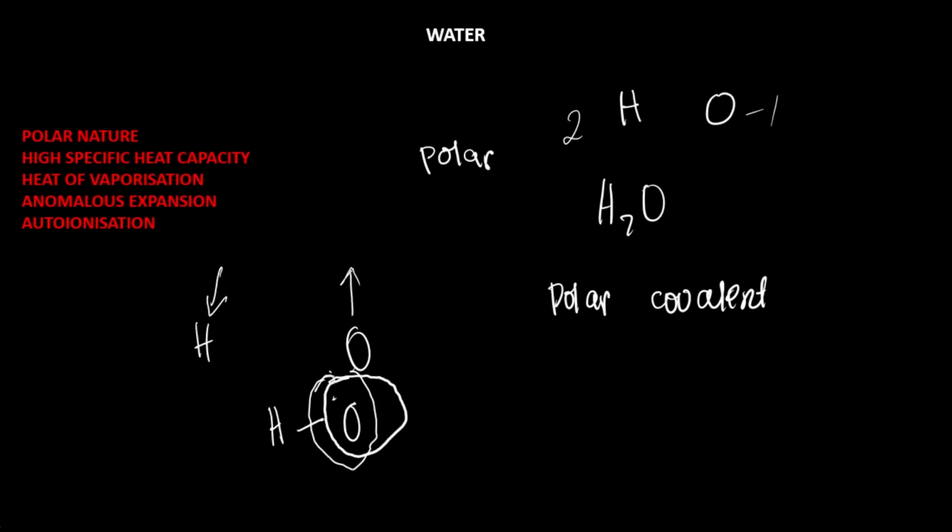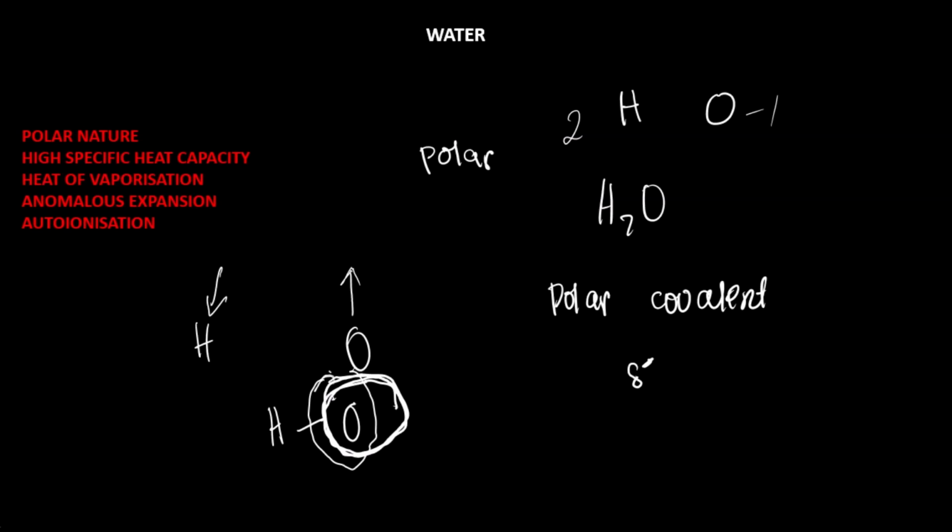The electron cloud is shared asymmetrically, okay, with more on the oxygen side. Okay, this means that oxygen has a partial negative charge because the electrons are more towards its side.